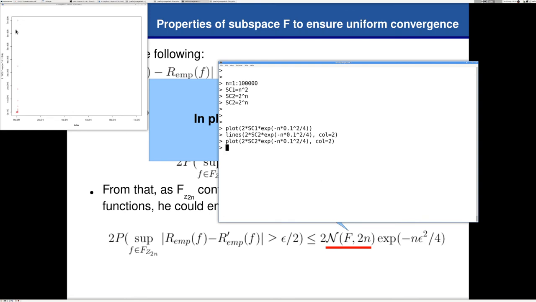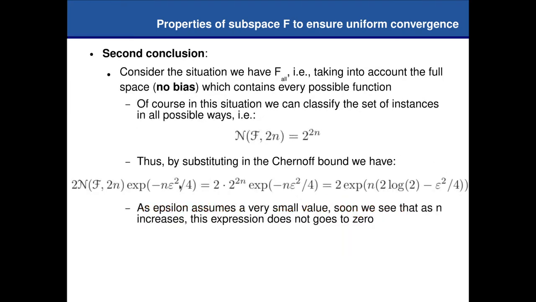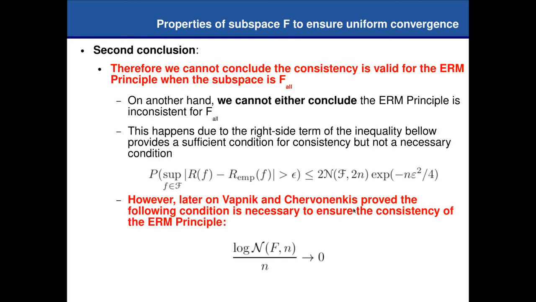It grows to infinity, and it cannot even plot the other values, because this one goes to infinity. So there's no way of representing an upper bound for a probability. If there's no way of representing an upper bound for a probability, there's no way of learning.